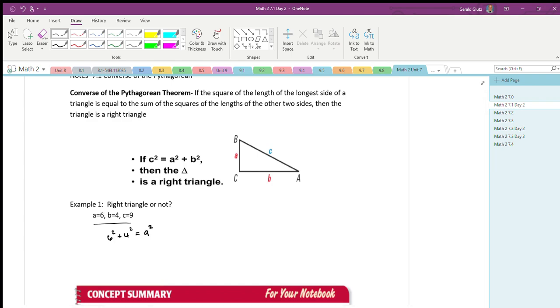If they're not equal, then it's not. So 6 squared is 36, 4 squared is 16, 9 squared is 81. 36 plus 16 is 52, and as you can see, 52 does not equal 81. So this is not a right triangle.